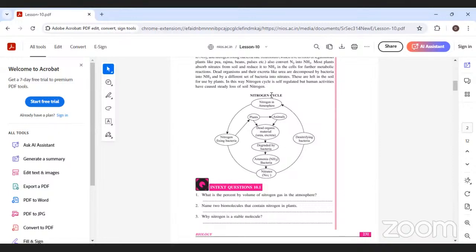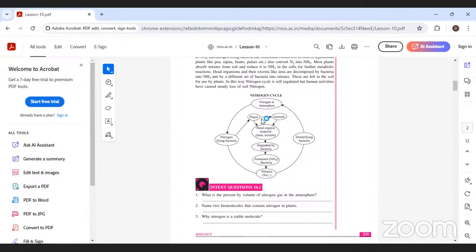This process is carried out by various microbes, which may be aerobic or anaerobic. They break down the organic nitrogen compounds into NH4 ions as a part of their metabolism. Formation of NH4 ions may be due to the action of hydrolytic and oxidizing enzymes found in the microbes. This is the second process.